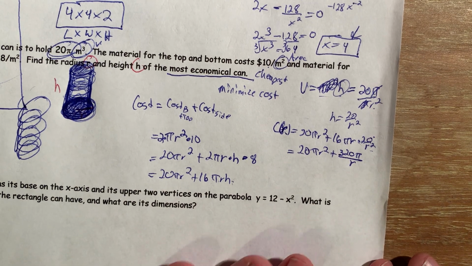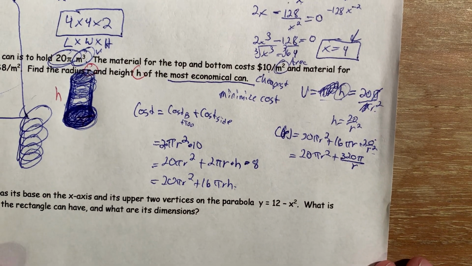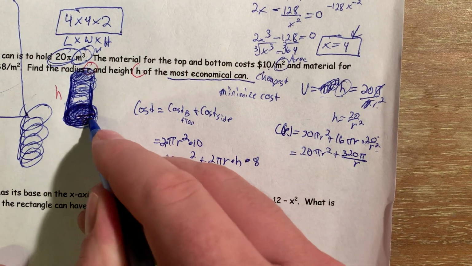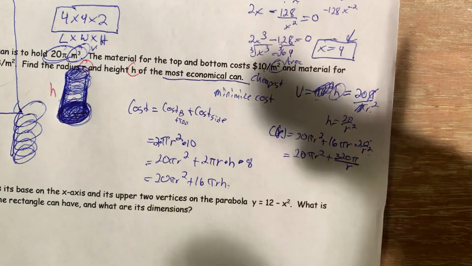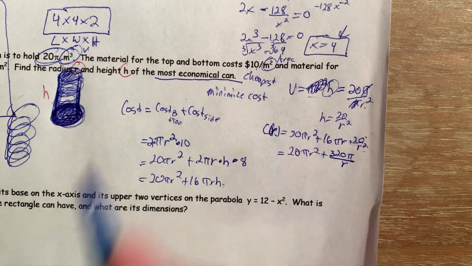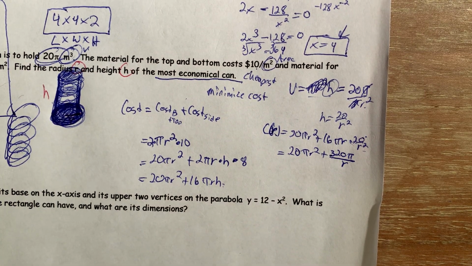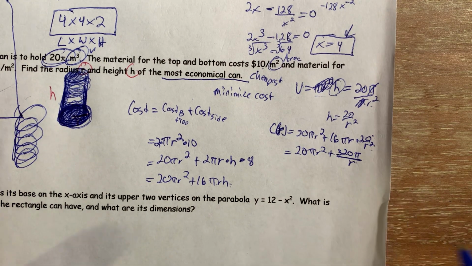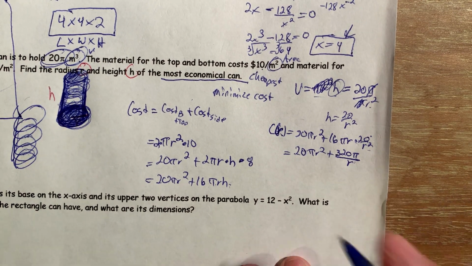So, okay, what is the smallest the radius could be? Well, if the radius is 0, it's going to need to be infinitely high, so that's not good. If the radius is infinitely big, that's going to use way too much material too, so we want whatever the critical value is. That's going to be the only minimum.